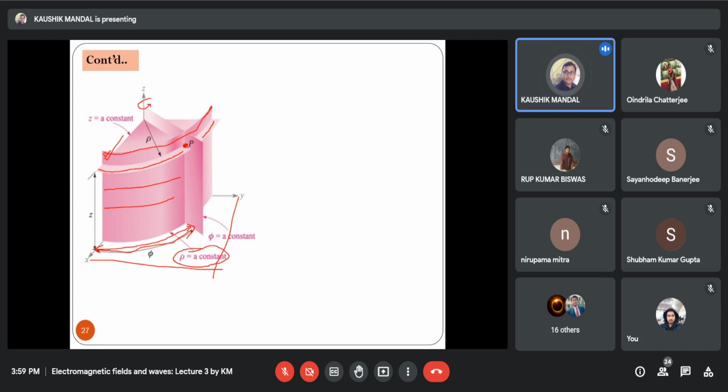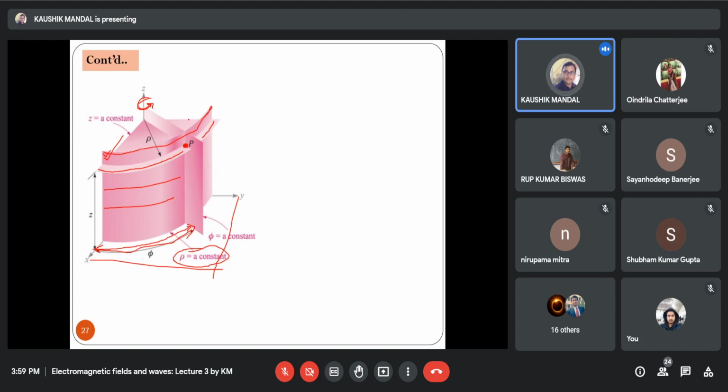And at this point, we have to consider another plane which is perpendicular to the XY plane, and it is rotating. You can consider this plane a rotating plane. The rotation is about the Z axis, and the angle of rotation you have to measure from the X axis. So from X to this plane, the angle is phi.